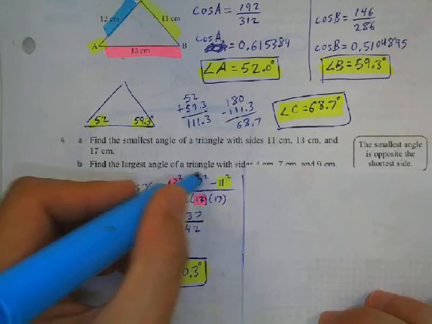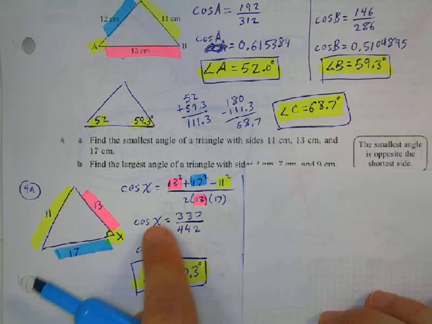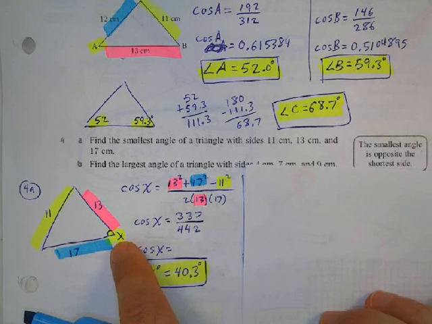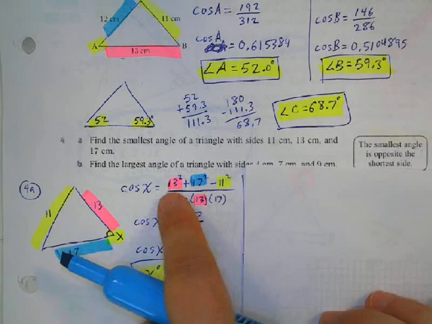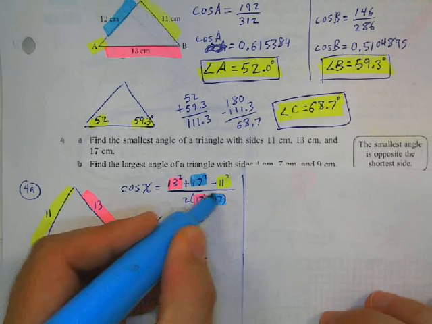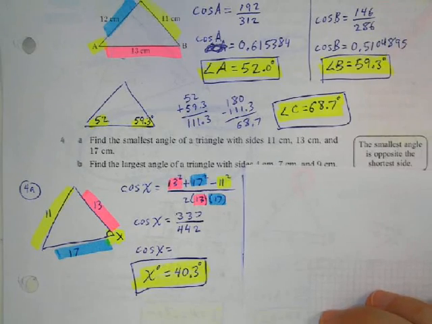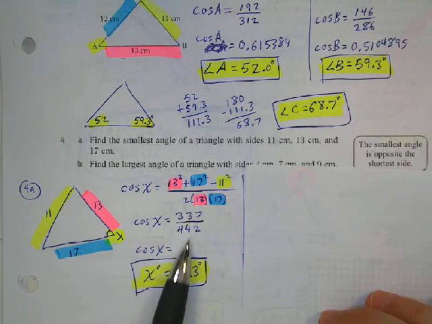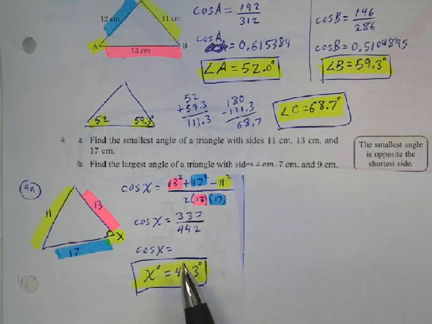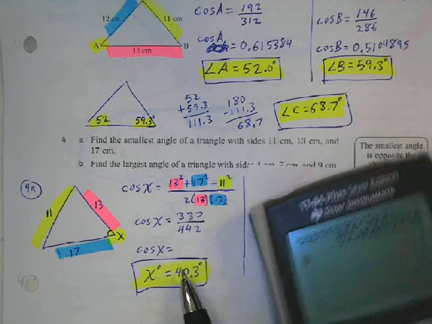Just like I said, the 13 and the 17 are on either side of the angle x that we're trying to find, so those are going to be added. And then this divided by this gives me a decimal, and then I take the inverse cos of that.